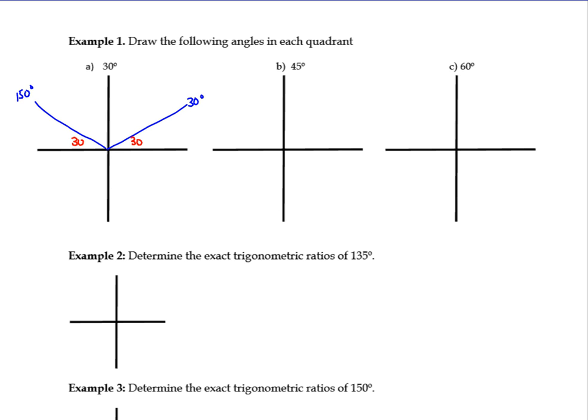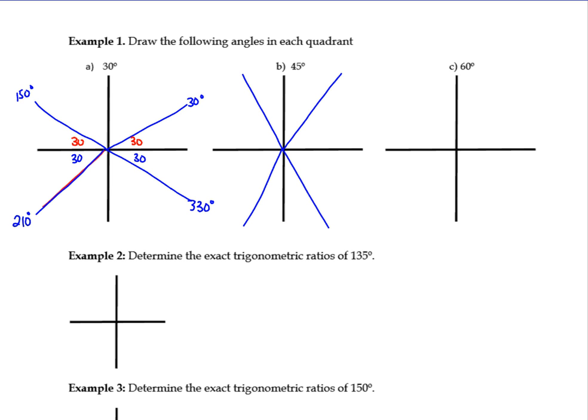Next one, 180 plus 30. What's that equal to? 210. And 360 minus 30? 330.